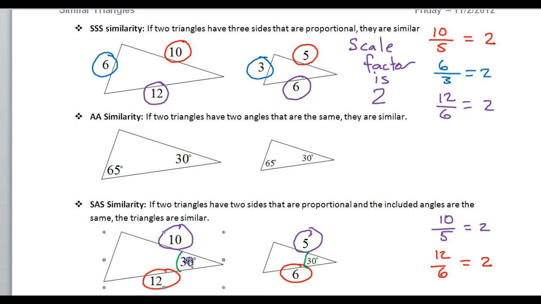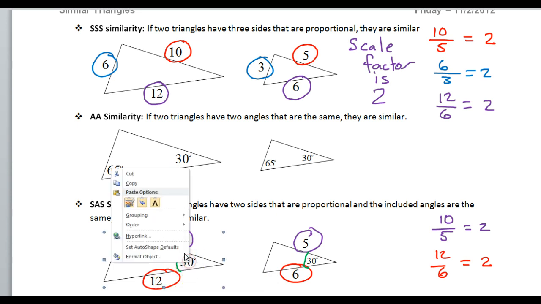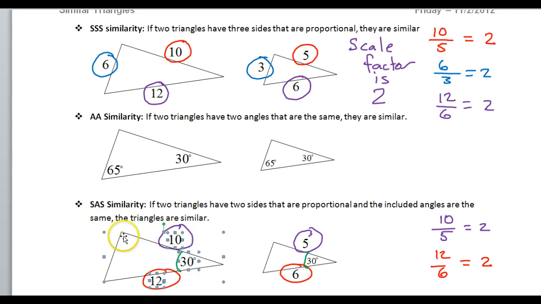If this 30 degrees in here were somehow on a different angle, so if I took this 30 degrees and put it over here, for example, these two triangles would not be similar. Even though I have two sides and an angle, and here I have proportional two sides and an angle, it's the wrong angle.